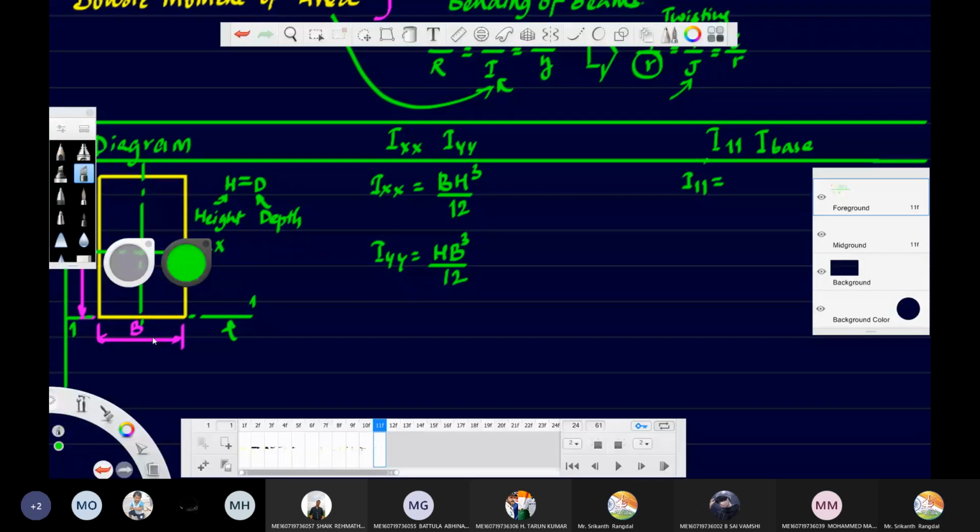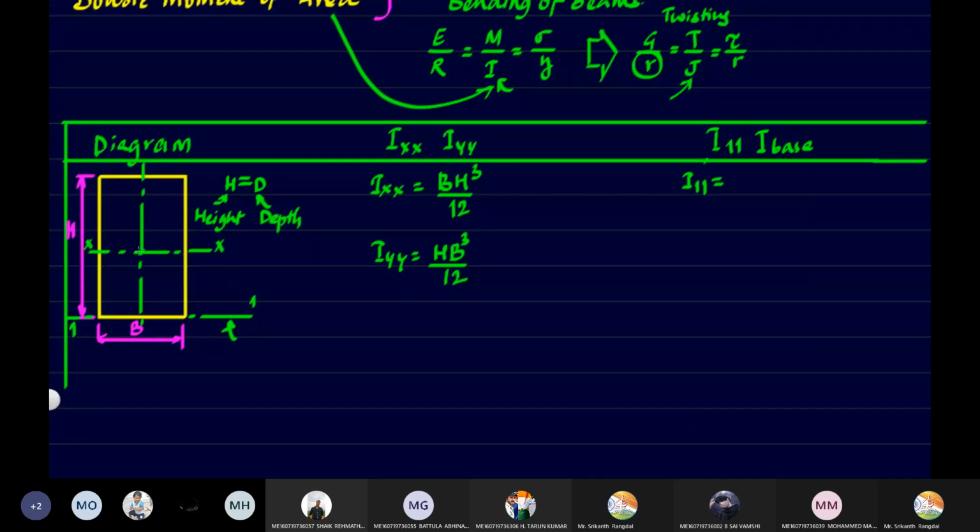What's this point here? It is the centroid. So the axis passing through the centroid is called centroidal axis.